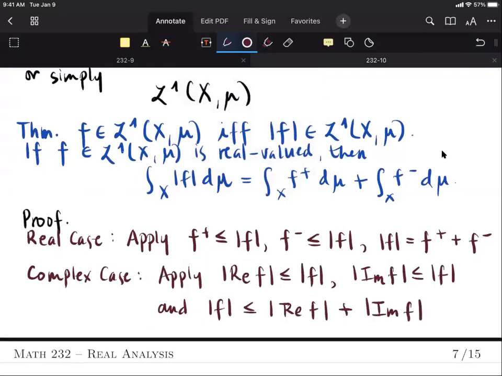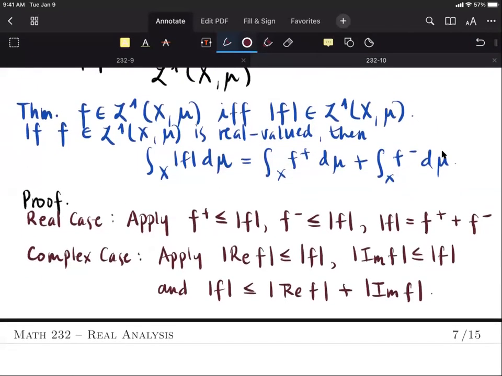So these inequalities will imply that f is Lebesgue integrable if and only if the real and imaginary parts are Lebesgue integrable, and use the real case. So that's the proof, or let's say the sketch of the proof.